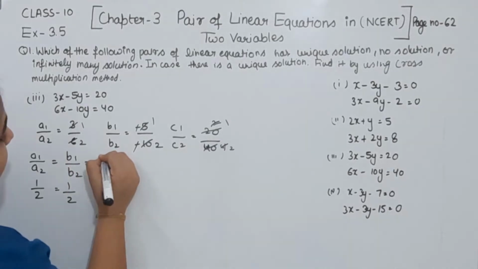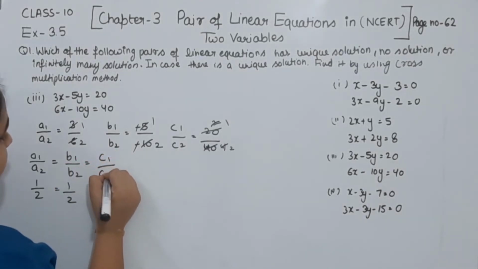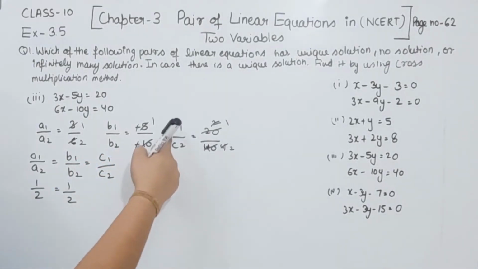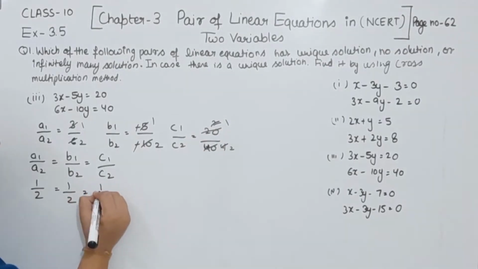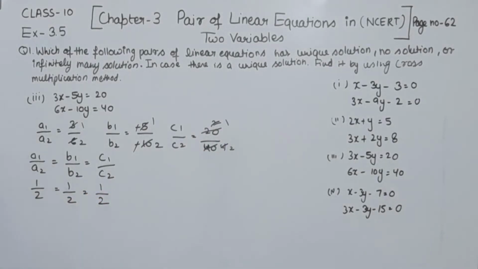Now we have to find whether both of them are equal to c1 by c2 or not. Now comes to c1 by c2, this one is 1 by 2. That means all 3 of them are equal to each other. Now if all 3 of them are equal to each other, then we are having many solutions.